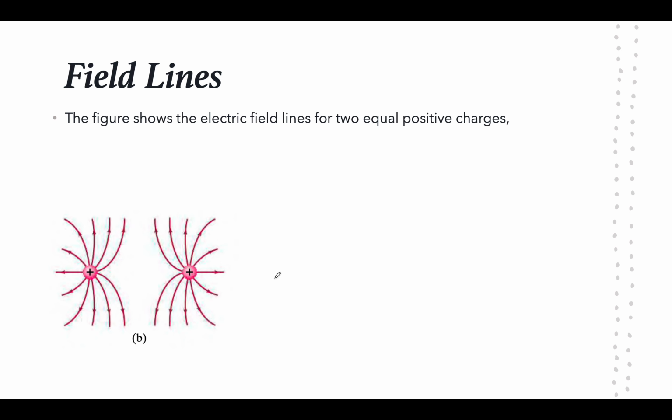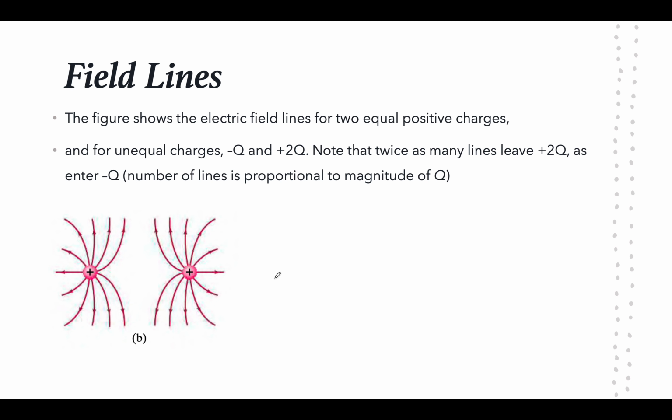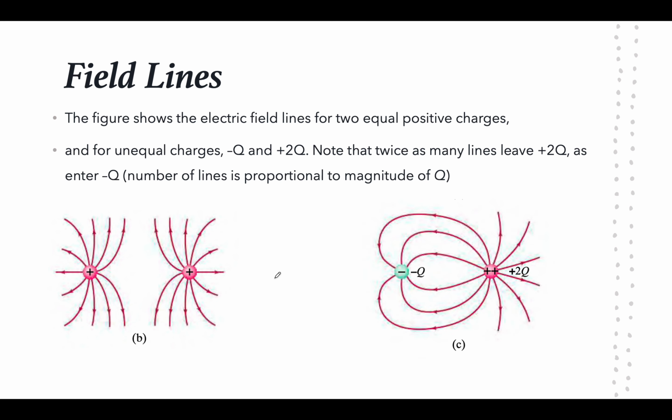The next configuration that we have is when we have unequal charges, like this. Right? Here we have a +2Q and a -Q. Notice how, since it's twice the charge, it has twice the number of lines, right?